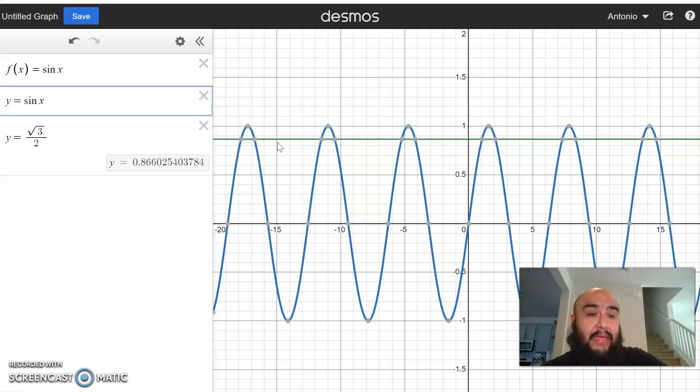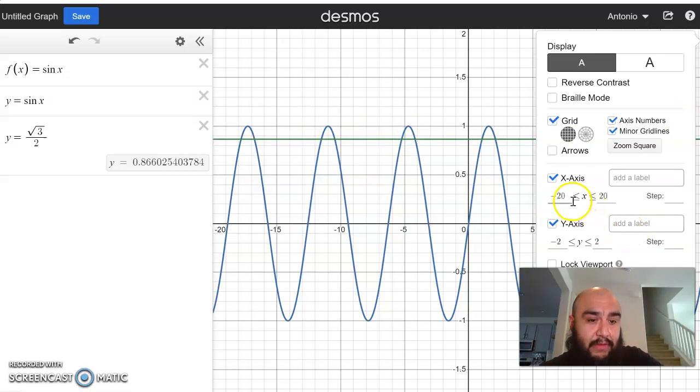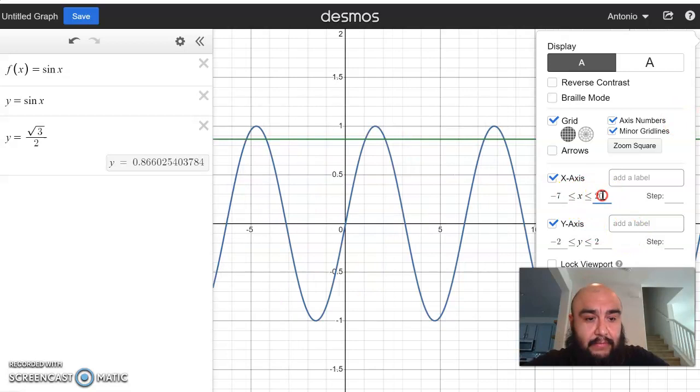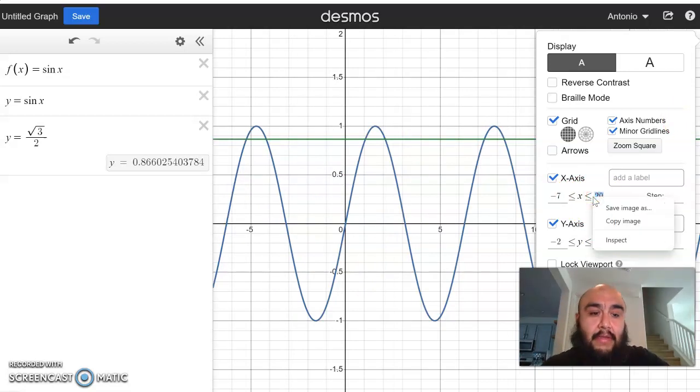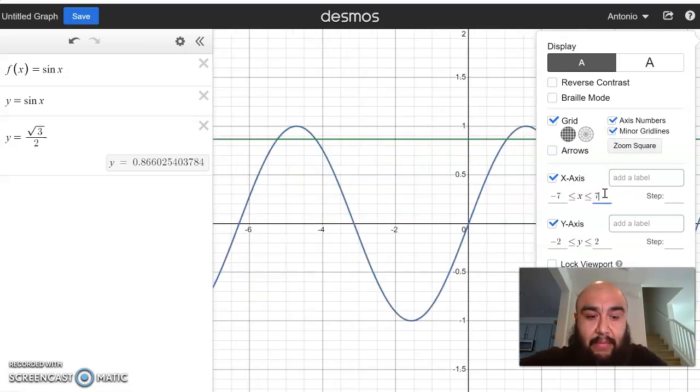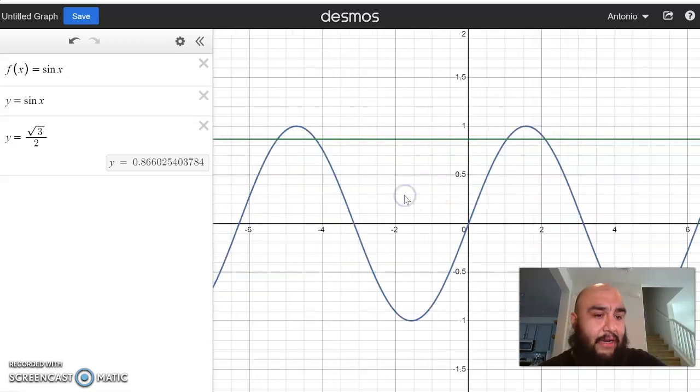Now, in some cases, we'll be asked to simply find solutions in a given interval. What I mean by that is, what if I don't want to find all the solutions?